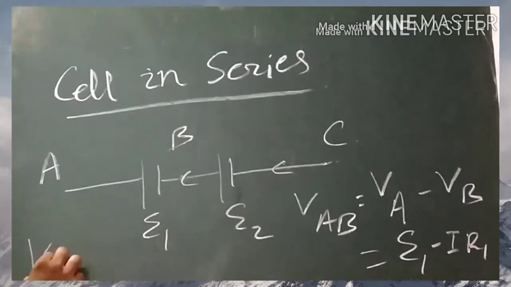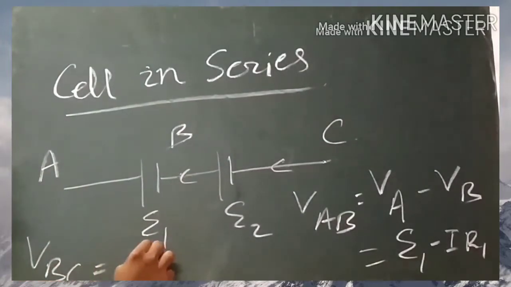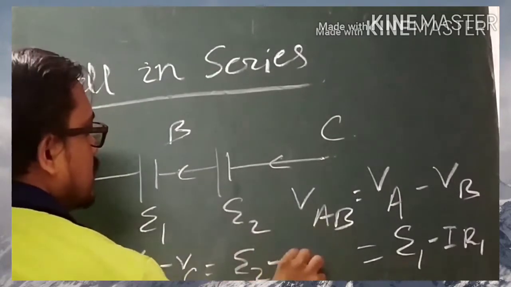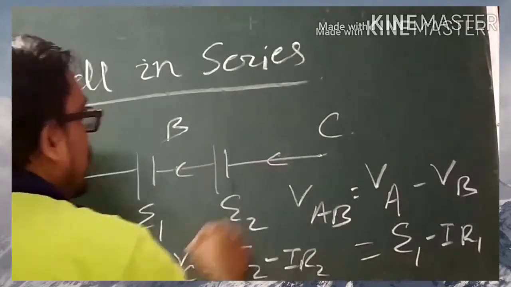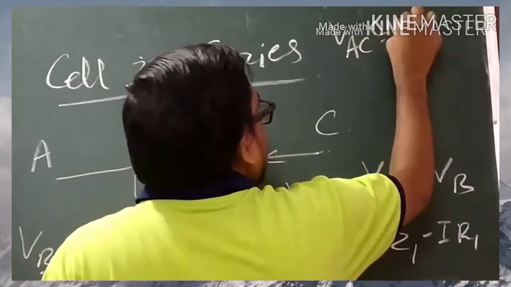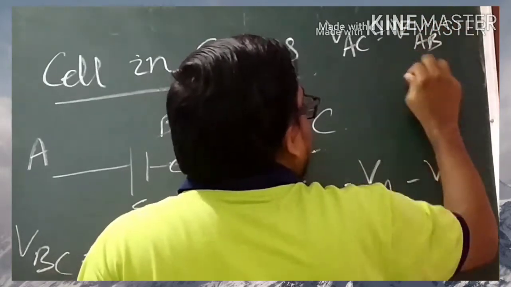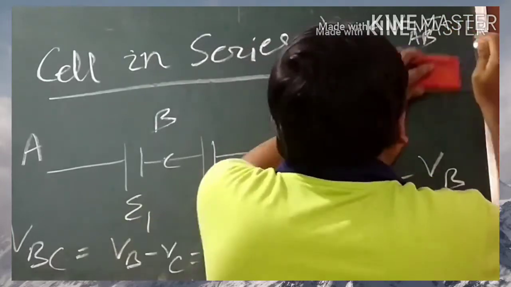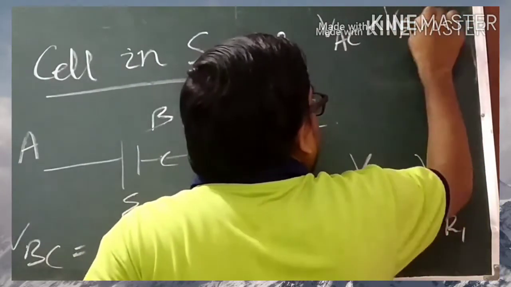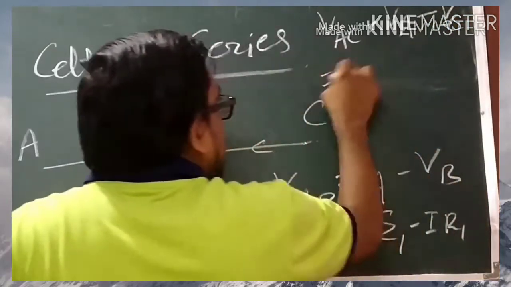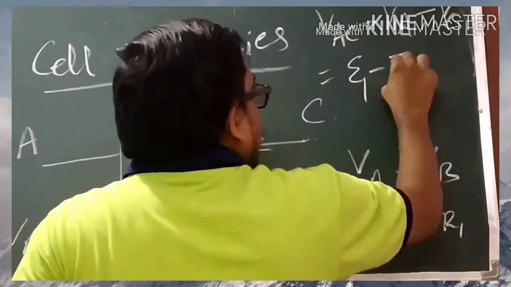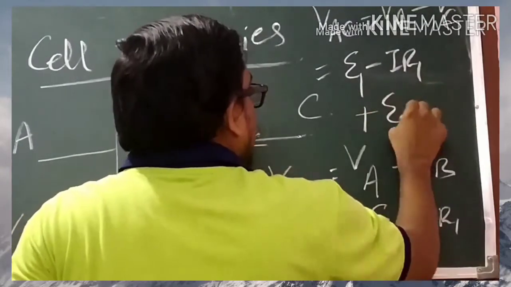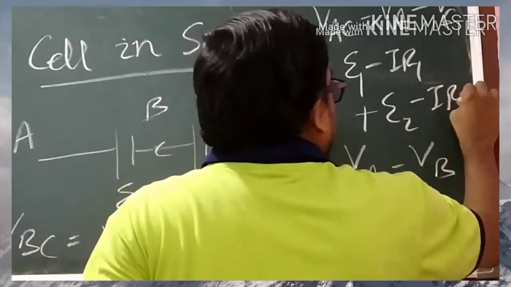Similarly, the formula for VBC, which is VB minus VC, will be equal to E2 minus IR2. Now, combining these two equations, VAC, which is VA minus VC, will be equal to VAB plus VBC, which is E1 minus IR1 plus E2 minus IR2.